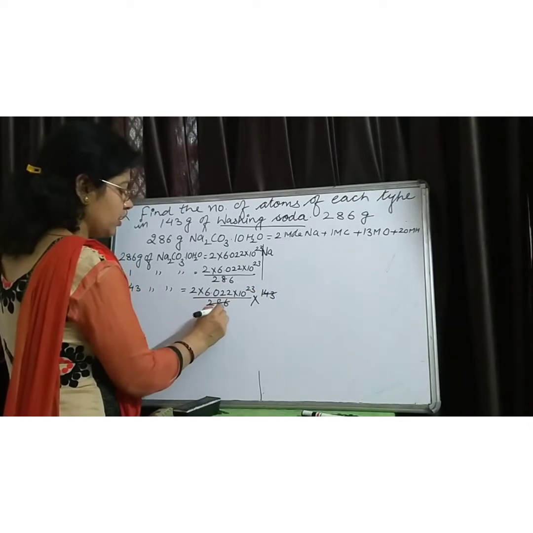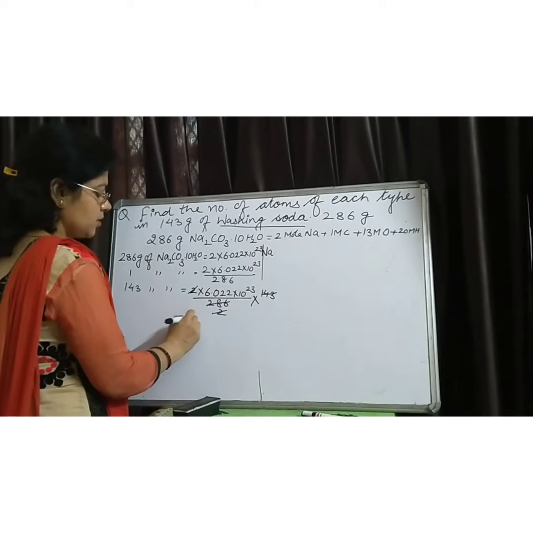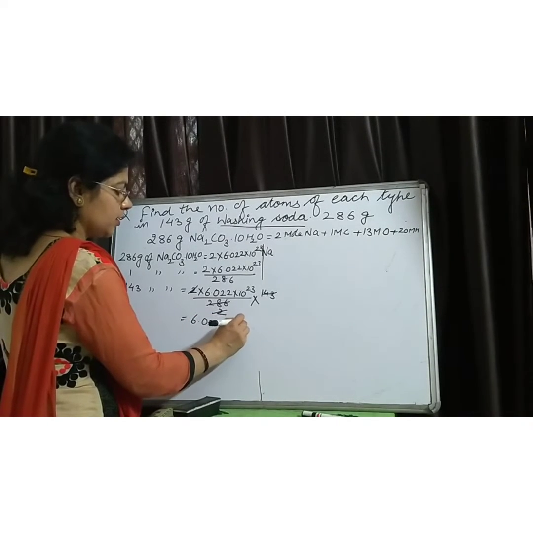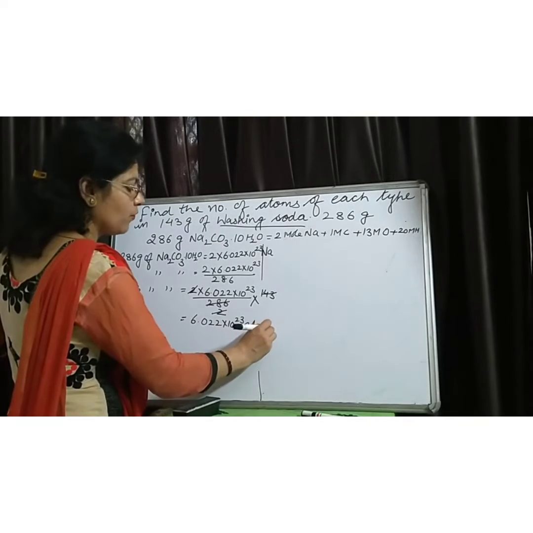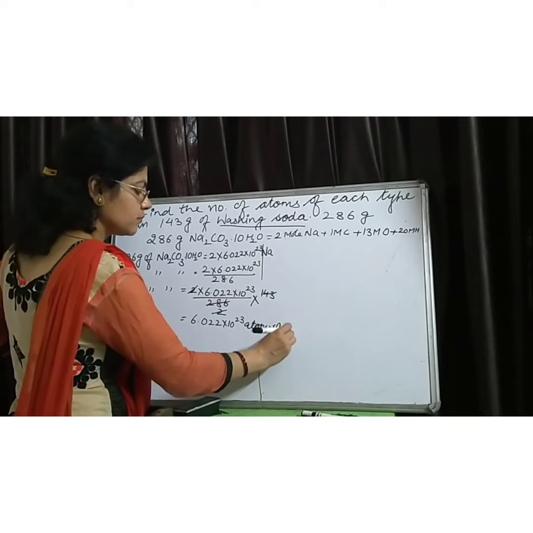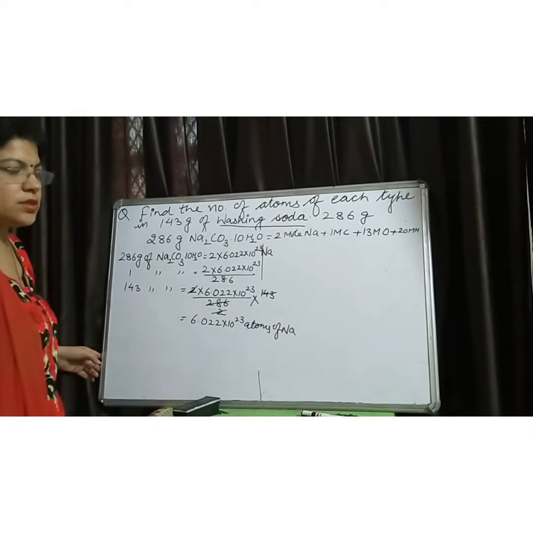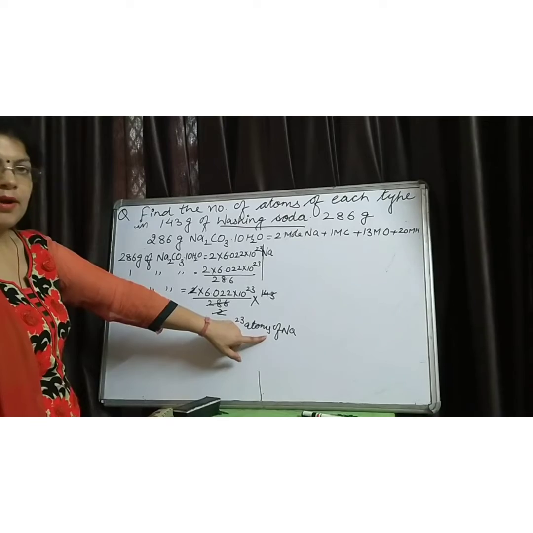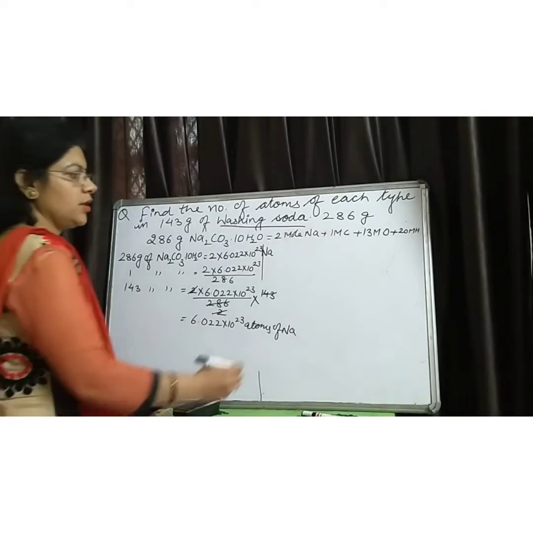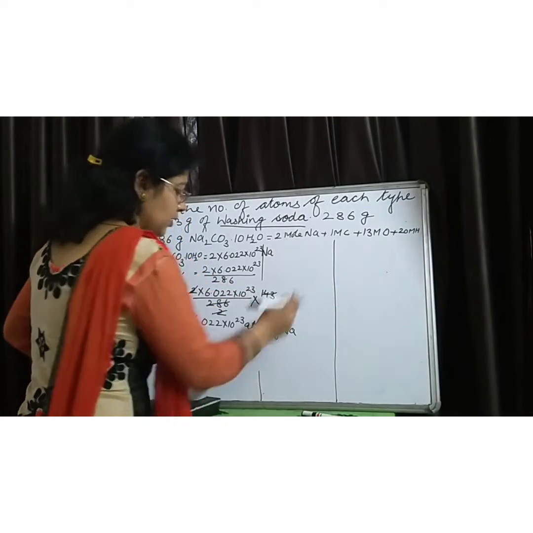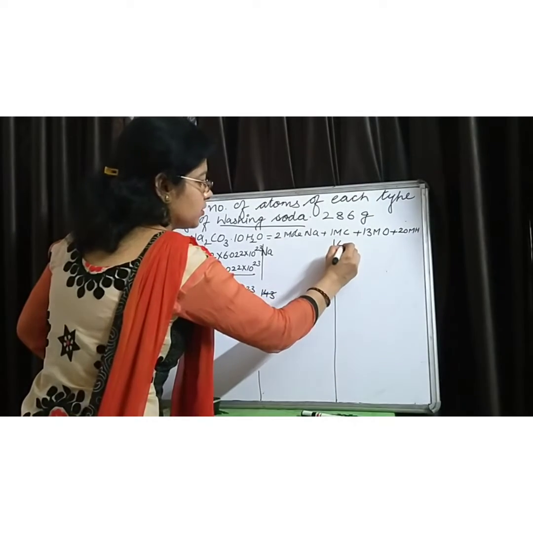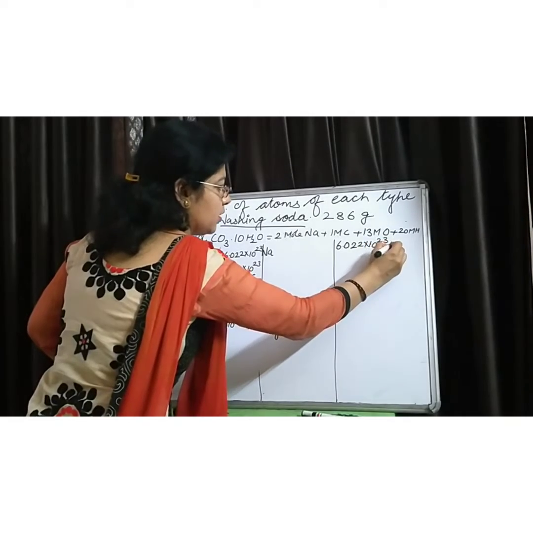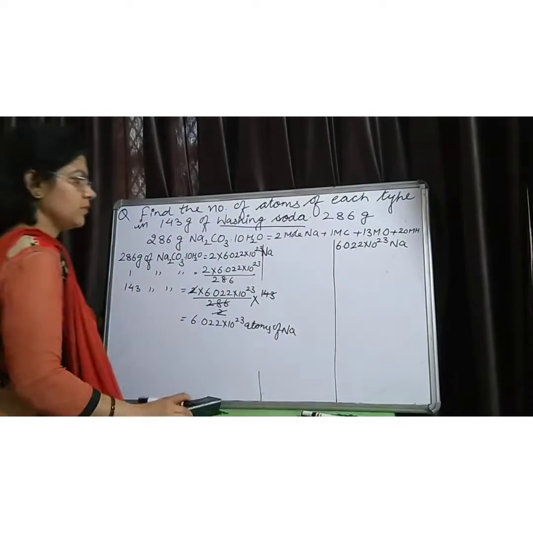When we solve this, we get 6.022 into 10 raised to power 23 atoms of sodium. So now we have calculated the number of sodium atoms present in 143 gram, and we write here 6.022 into 10 raised to power 23 atoms of sodium.